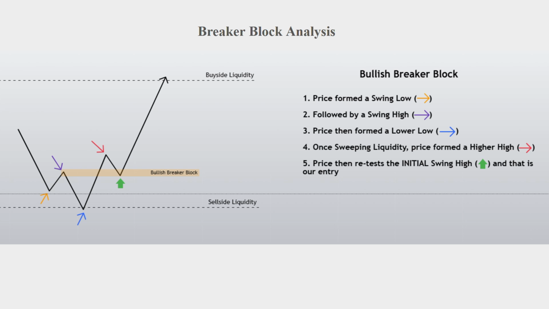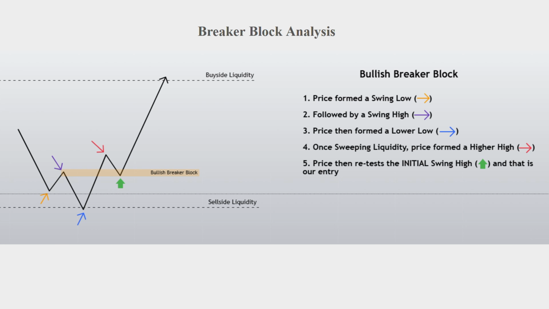So let's analyze this from the sketch on the left. The orange arrow, I have it broken down on the right. The orange arrow is the swing low that is formed. The purple arrow forms a swing high, which is a lower high there. Price then formed a lower low at the blue arrow. And then you get that reversal, and price forms a higher high, going through that initial high.